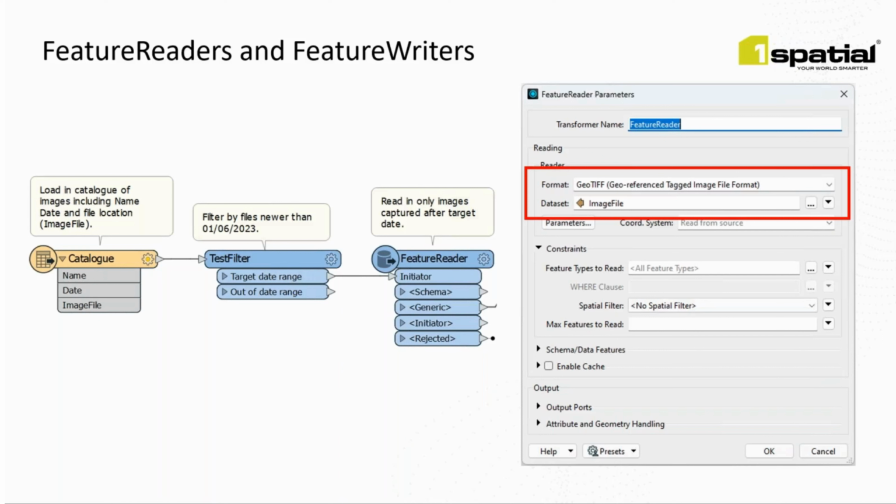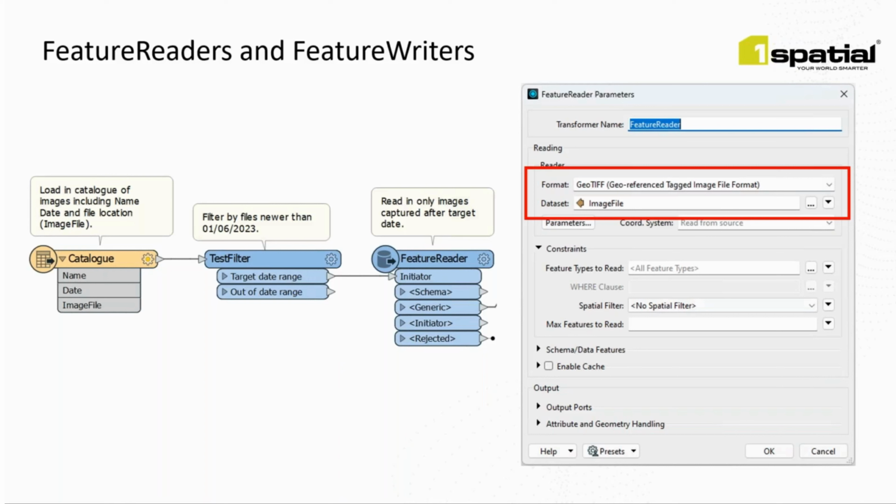In the example on the screen here, we can see that a series of geotiffs are being read in by the feature reader from a dataset attribute image file, which is contained within the initiator, which itself is being read in via a catalog spreadsheet. Each initiating feature that passes from the test filter to the feature reader will have this image file attribute, and so a different value will be passed into the dataset parameter of the feature reader, and thus will read in a new object accordingly.